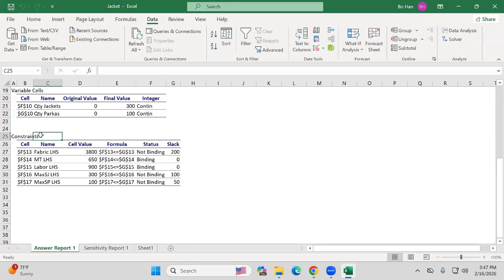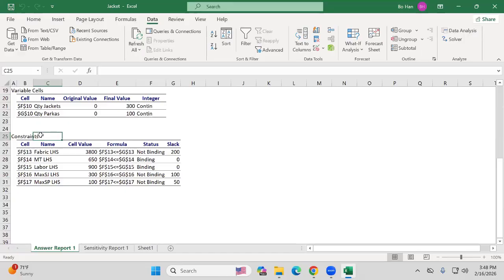What does binding status tell you? It tells you that you have exhausted all the resources available for that constraint. What does not binding status tell you? You haven't exhausted some resources for that constraint.